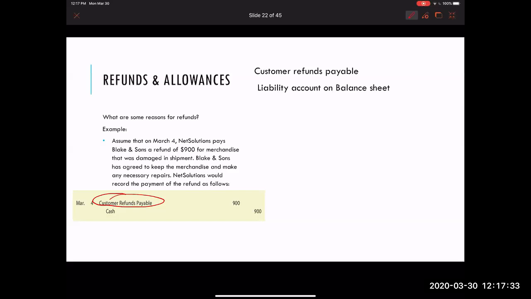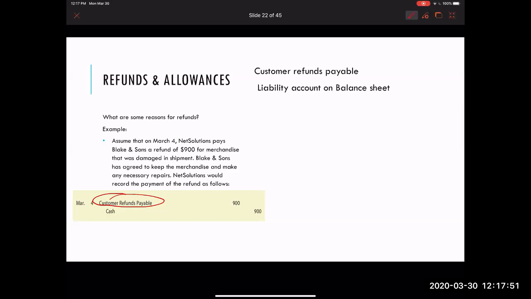And usually how it works is that at the end of the period, every business is required to do an adjusting entry for any kind of refunds that they feel they will be granting customers in the future, okay?